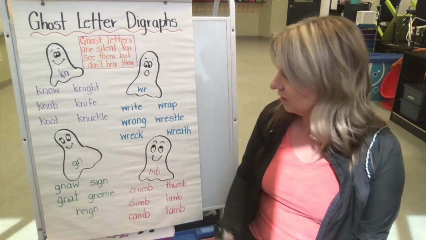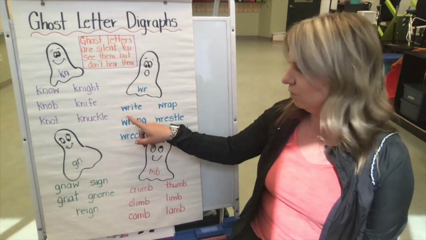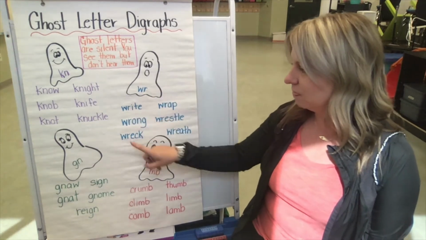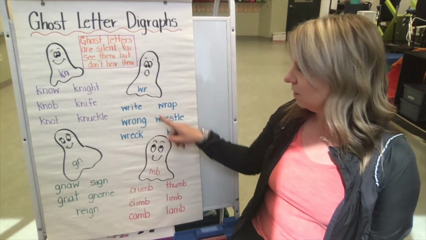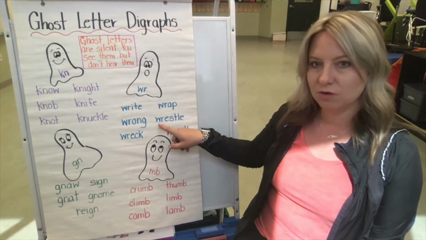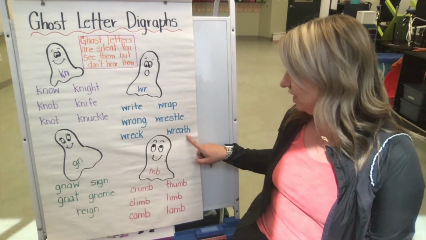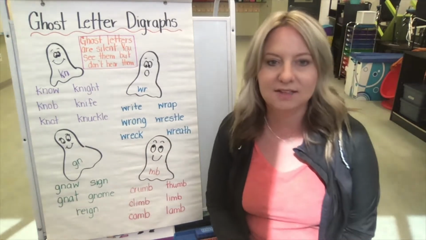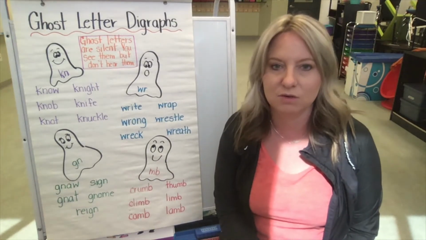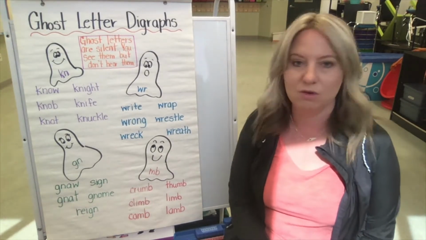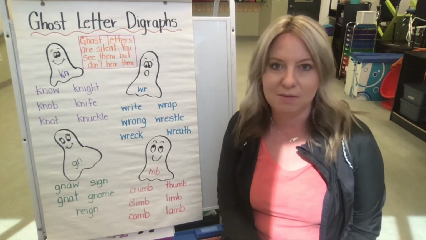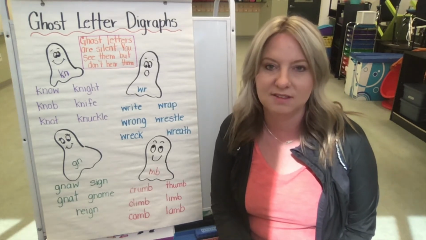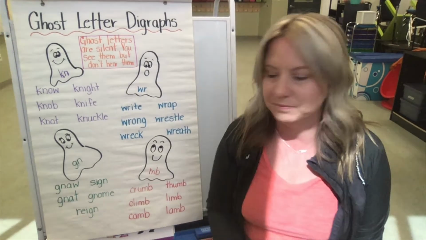You can't hear it. So some examples are the word right, wrong, wreck, wrap, wrestle, and wreath. Those are all examples of ghost letter WR. You only hear the R sound. So again, it's tricky because you need to remember that there's a silent W at the beginning.